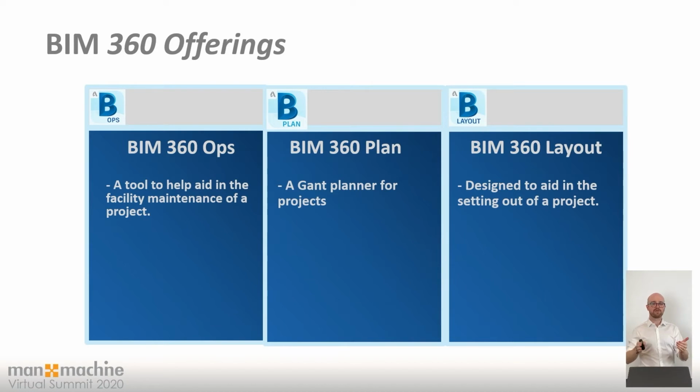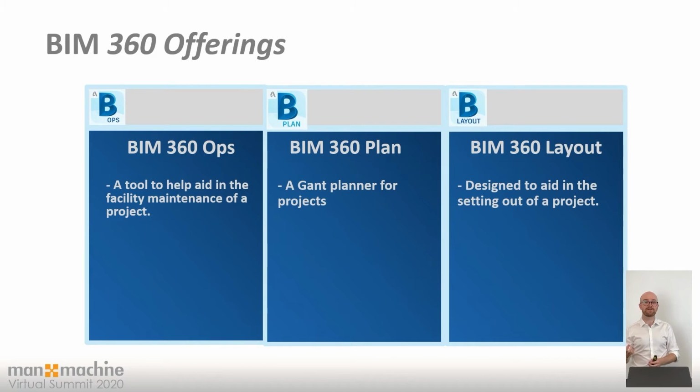Things to mention, BIM 360 offerings that exist out there as well, and this is more just so you're aware of terminology. What we looked at previously were called the next generation set of modules. These exist as well as offerings. So BIM 360 Ops is a tool for facility management. BIM 360 Plan is a way of planning projects Gantt chart style.